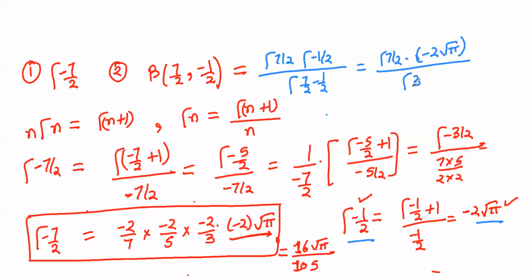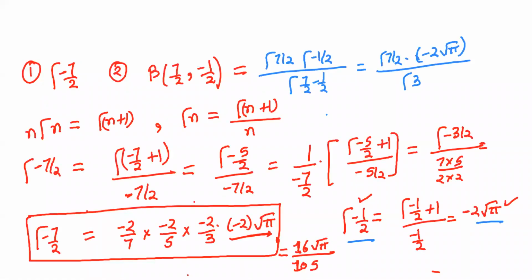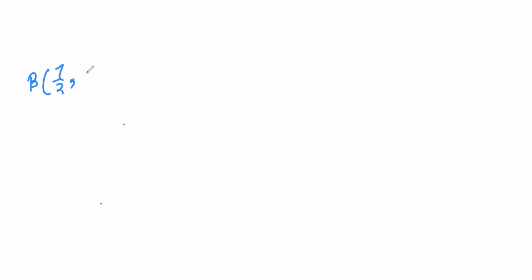So just evaluate it. What we are calculating is beta 7 by 2 comma minus 1 by 2. So we have written gamma 7 by 2 gamma minus 1 by 2 upon gamma 3.